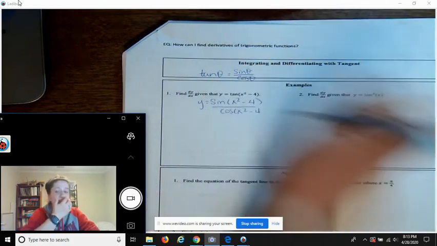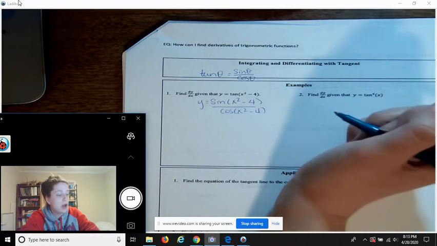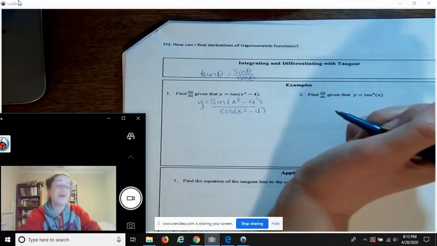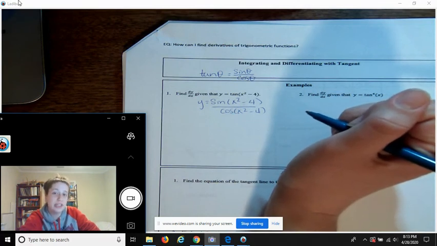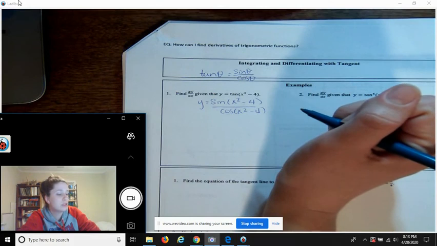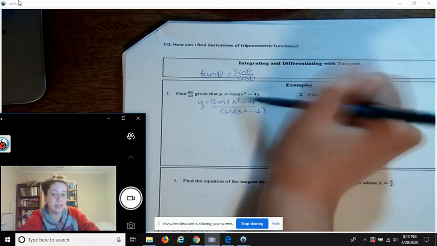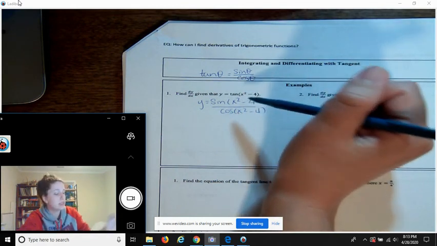And then we can take the derivative using the quotient rule of each of those pieces. So that's what I would do. The derivative of tangent should end up being secant squared theta, so 1 over cosine squared theta. So you should get the same theta on the inside. And you'll have to use the chain rule since the theta isn't by itself here.